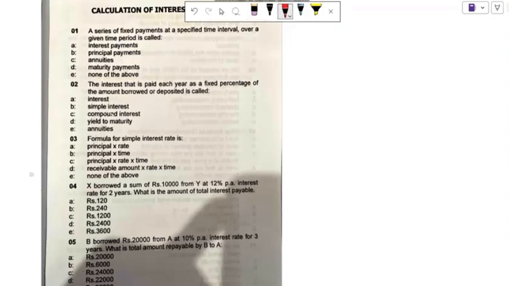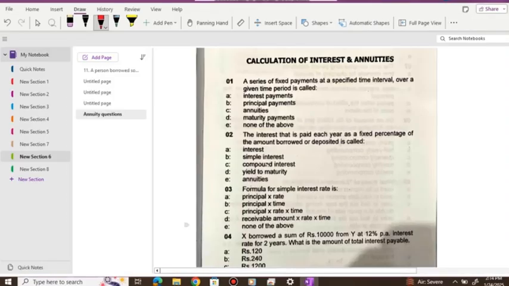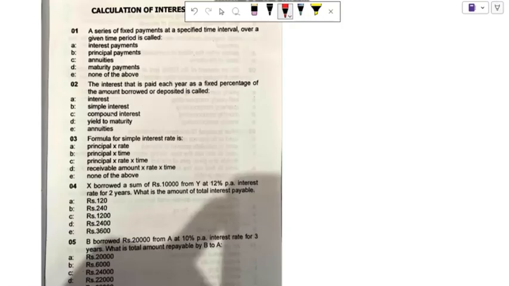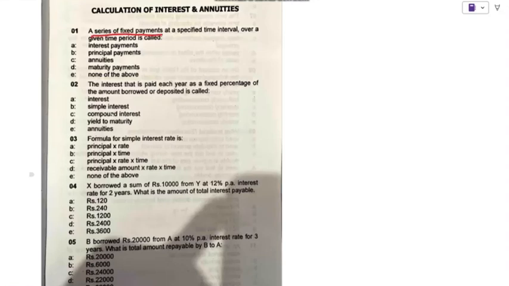So here is the first question. A series of fixed payments at a specified time interval over a given time period is called? So for annuity, we must understand the concept. What is an annuity? Basically, there are three important parts of an annuity. What are the three basic features of an annuity? Series of fixed payments.